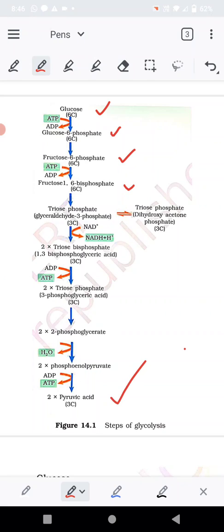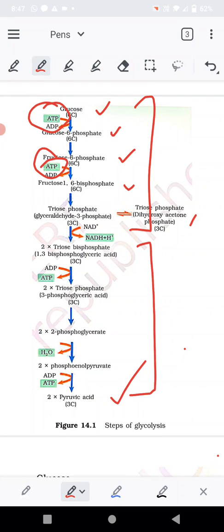When glucose is converted into triose phosphate or dihydroxyacetone phosphate, 2 ATP molecules are used to convert the glucose into these particular products. In this part of the cycle, one NADH molecule is produced and 2 ATP are produced. Water is also released.